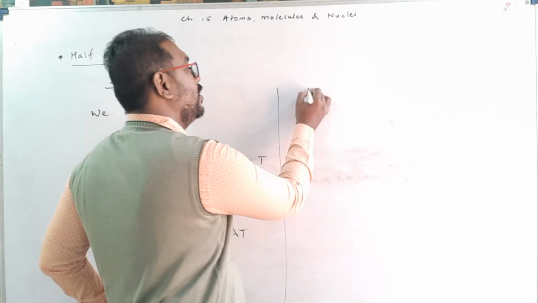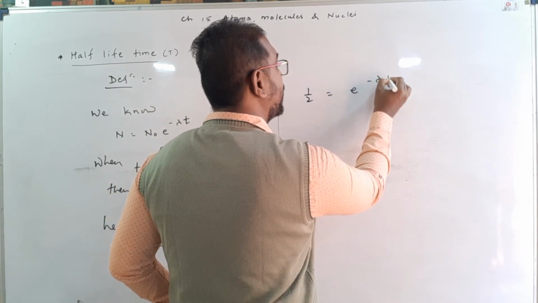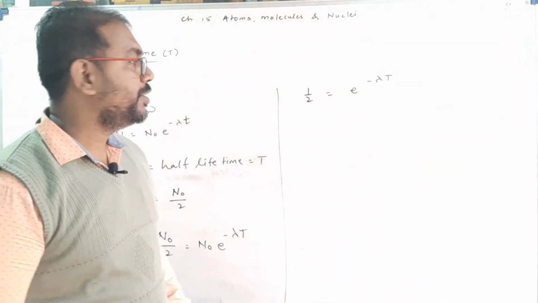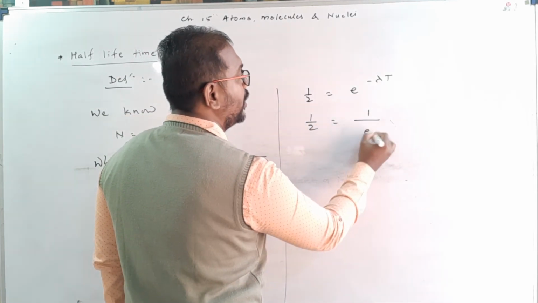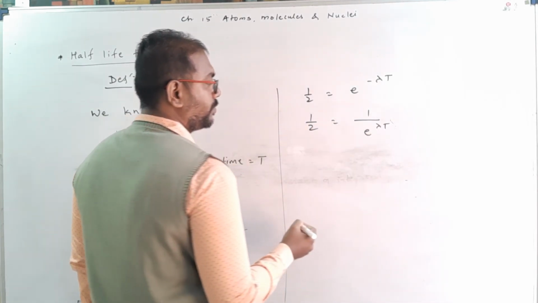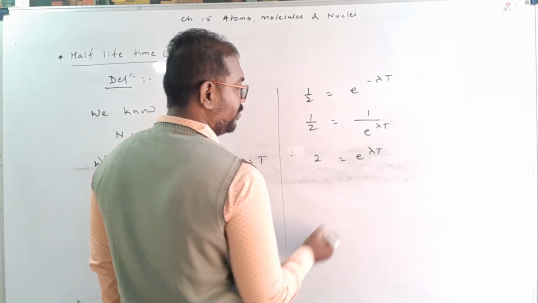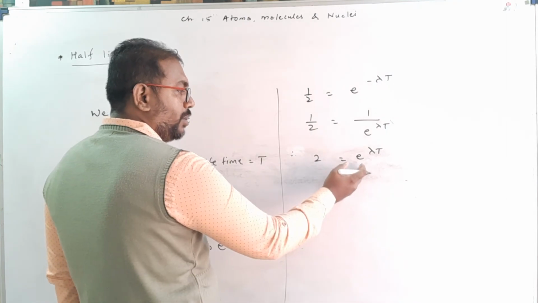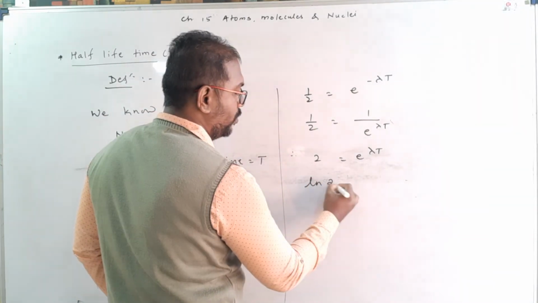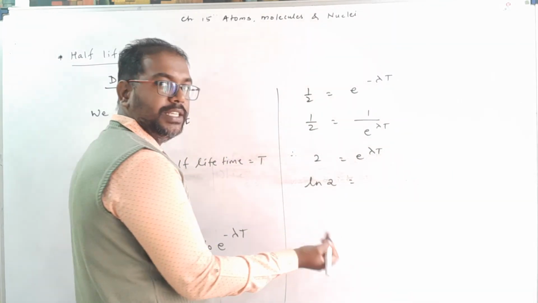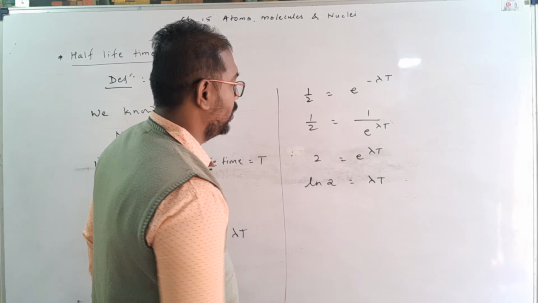So we can write 1 by 2 is equal to e raised to minus lambda T. The same equation I can write as 1 by 2 is equal to 1 upon e raised to lambda T, or 2 is equal to e raised to lambda T. So I have to remove this e raised to lambda T, so log of 2, this is log to the base e, is equal to lambda T.